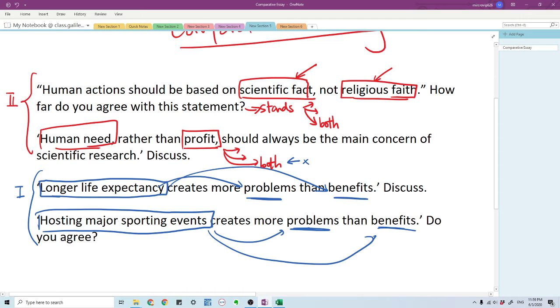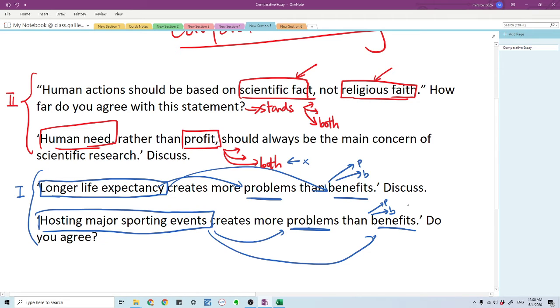You can't bring in that they have an equal number of problems and benefits, equal in number and equal in extent. There's simply no way for you to list down all the problems, list down all the benefits and say, okay, there are more problems than benefits. Within 1.5 hours, we just can't do that sort of thing. So it is only possible for you to take 2 stands, problems or benefits.